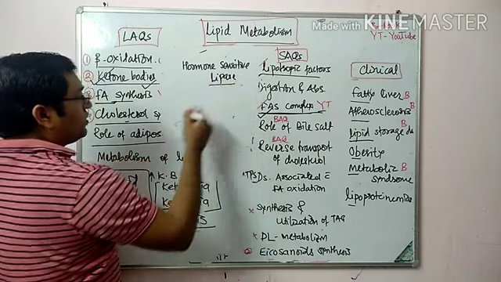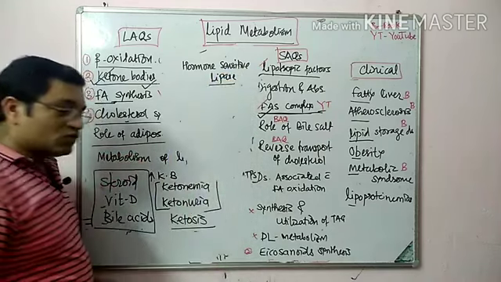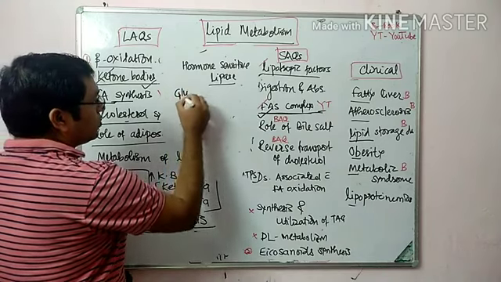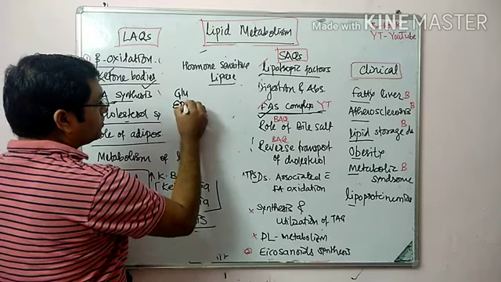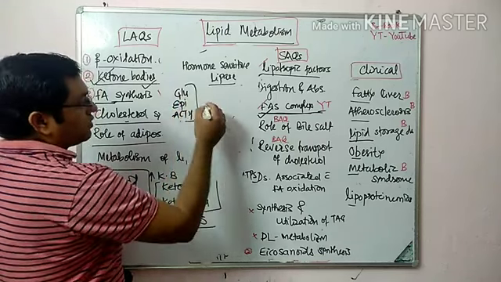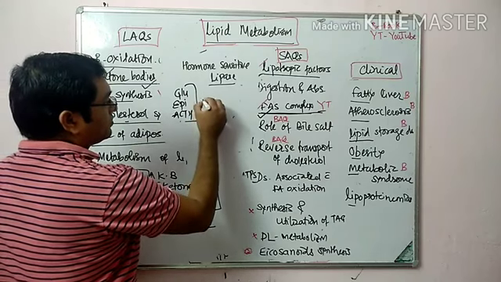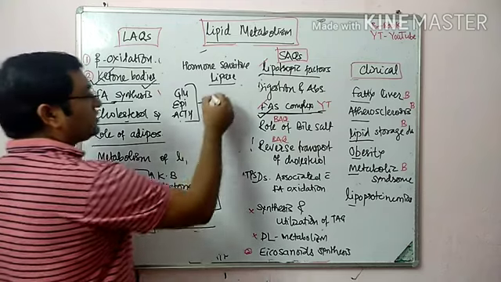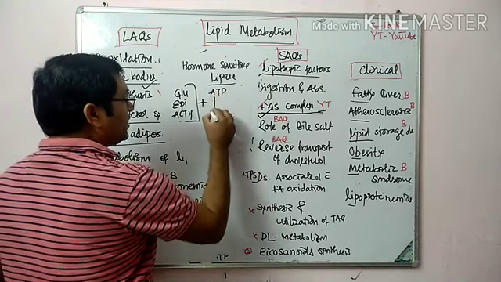Now a lot of hormones except insulin, meaning glucagon, epinephrine, ACTH, these hormones activate adenylate cyclase, and they cause conversion of ATP into cyclic AMP.